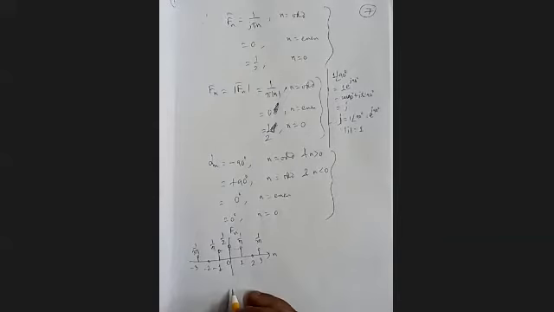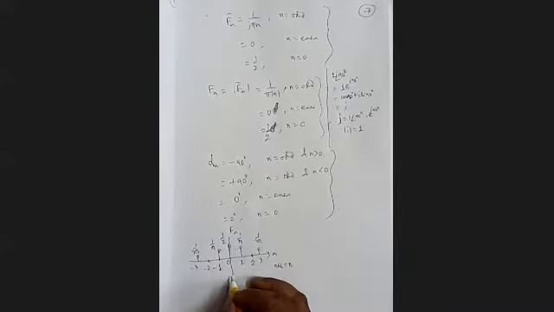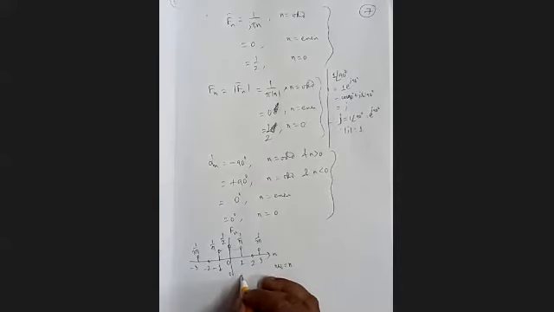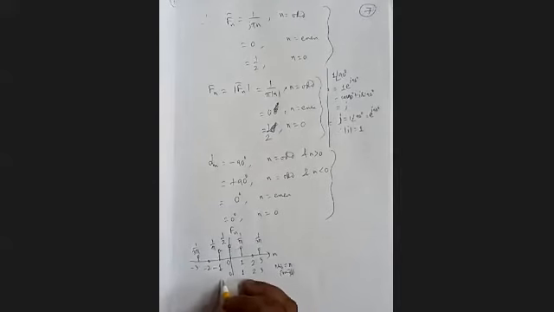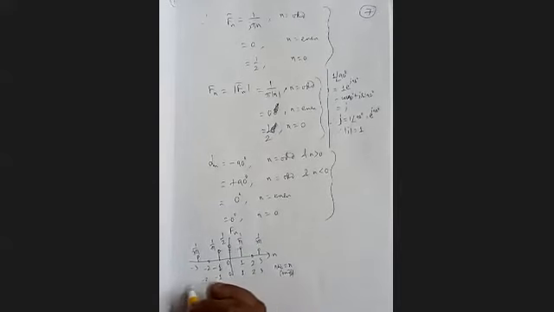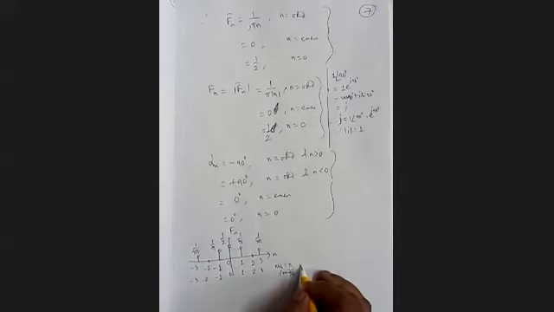Clear? Now, if we plot it in terms of n omega 0, omega 0 is 1 radian per second, so it's simply n here. So it is 1, 2, 3 in the scale of radian per second. Your omega 0 equals 1 actually.